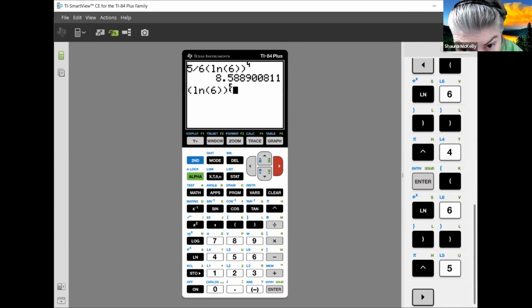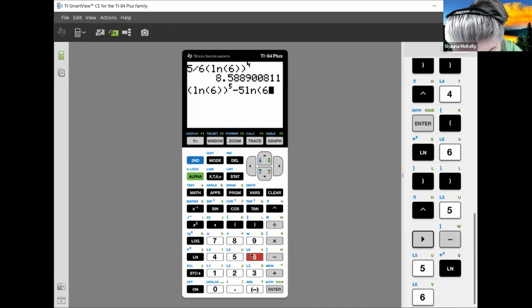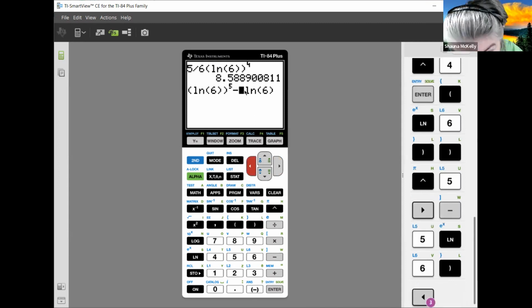It may drop by itself. If it doesn't, you have to move it. Here, we're actually subtracting, so be careful to use the big subtraction sign. And this is going to be 5. Then ln 6, and we know the drill by now, right? So it's going to be, except I forgot to do it, so I have to go back.